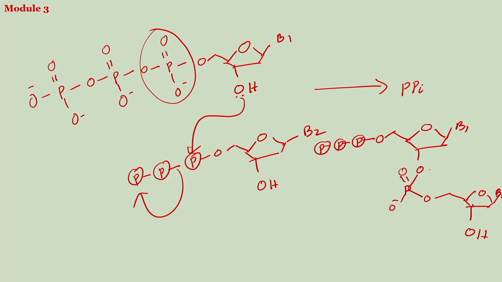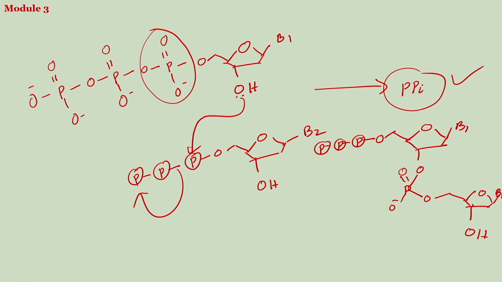The 3 prime hydroxyl is acting as the nucleophile, attacking the phosphorus, eliminating a pyrophosphate, and this is actually the driving force for the reaction, because it produces a lot of entropy. From one molecule, you are creating 2 large molecules and one small molecule which has high degrees of freedom.